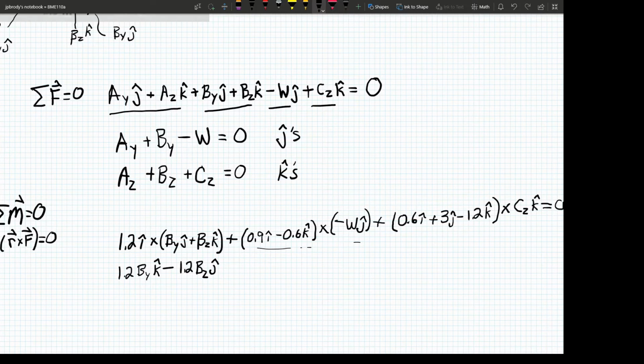So look, you could see this one, 1.2 i hat crossed with this vector, we get this i, j, k with a plus sign. We do this one, 1.2 times b sub z, but i hat crossed with k hat is negative j hat. So you have to get those signs right.